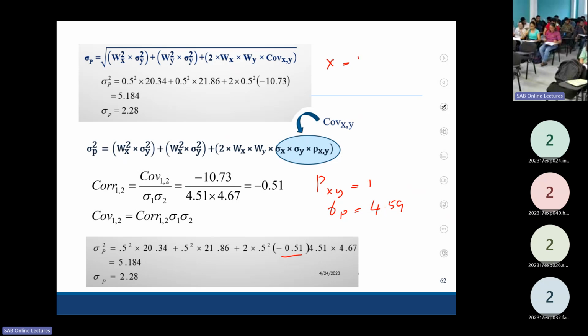This is the standard deviation of stock X. Standard deviation of Y is 4.67. So calculate the weighted average standard deviation here.